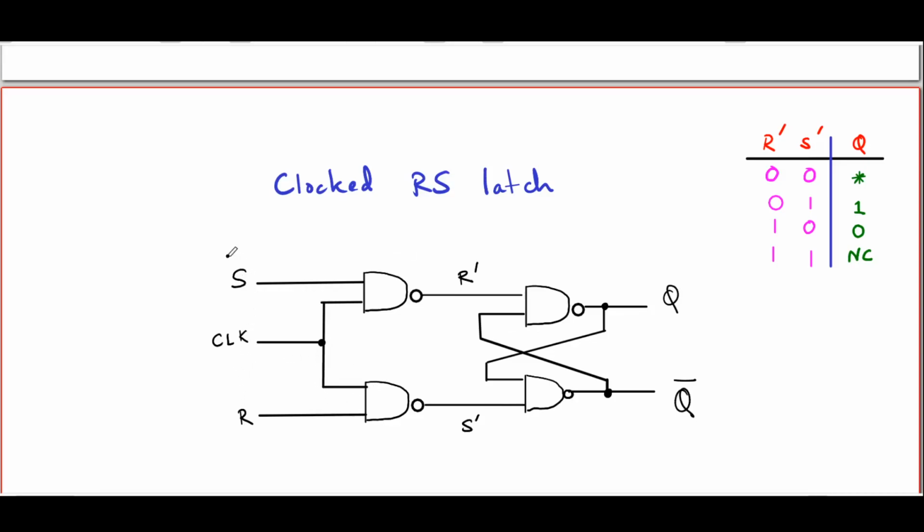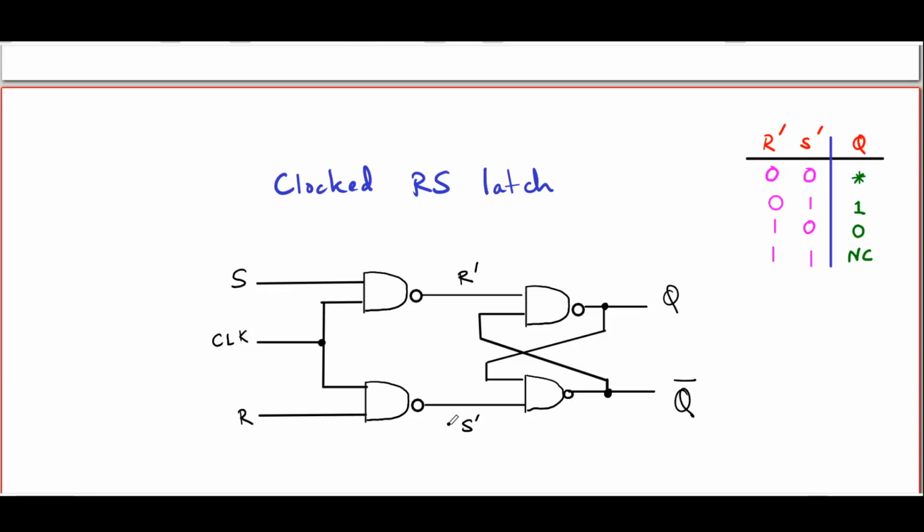Also note one thing, the S and the R, the set and reset for the whole circuit, have been flipped a bit, because it's the S which is above here and R which is below, and S feeds the NAND gate whose output actually is R prime, R feeds the NAND gate whose output is S prime. The reason for that should be very clear from the action of the NAND gate itself.